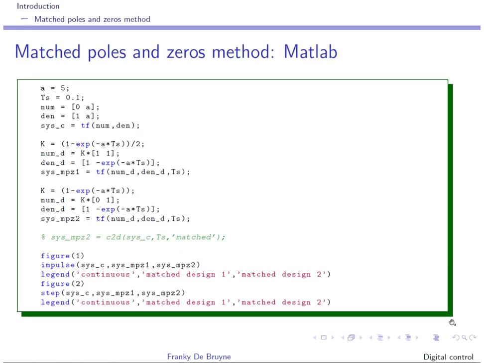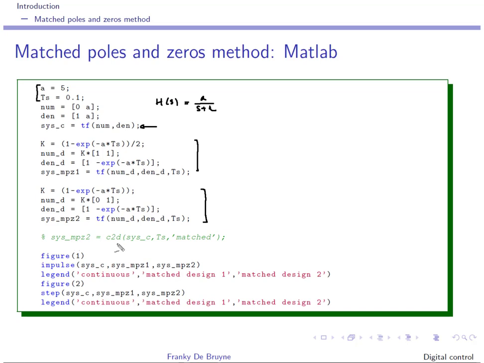As usual, we can test this in Matlab. This is our transfer function a over s plus a. We choose the same a and Ts. We encode the system. This is the first matched pole and zero equivalent description. This is the second, right?